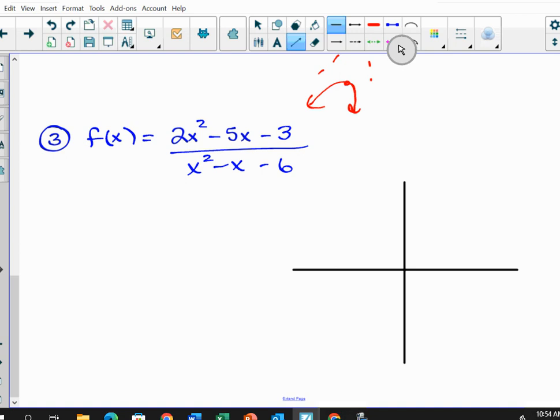You do have to factor, guys. There's something else that multiplies to give you negative 6. Oh, yeah.